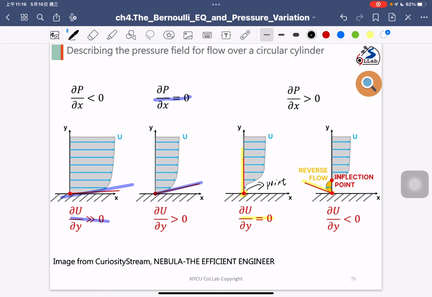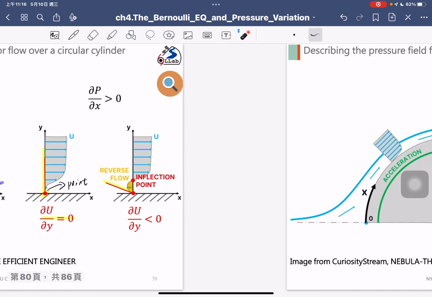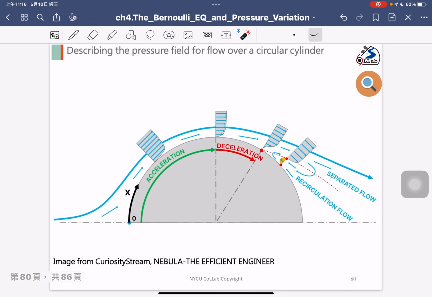And on the right hand side here, this is the condition where we observe the separation flow in that region. Okay, so we put the velocity profile onto the object. So you will see the reason why I say this is the point where the flow starts to separate.